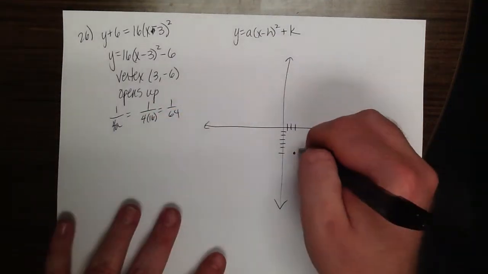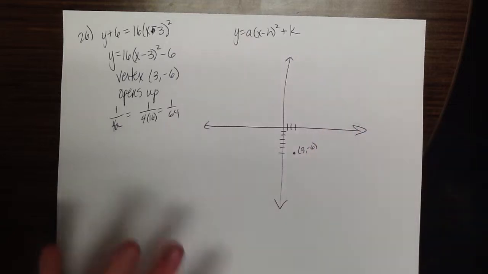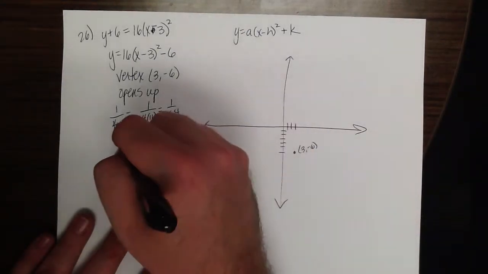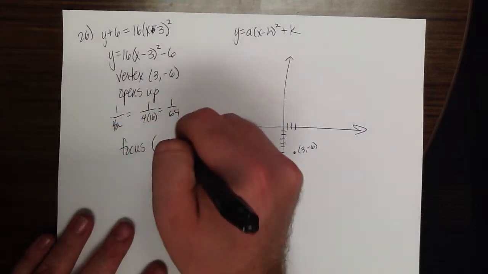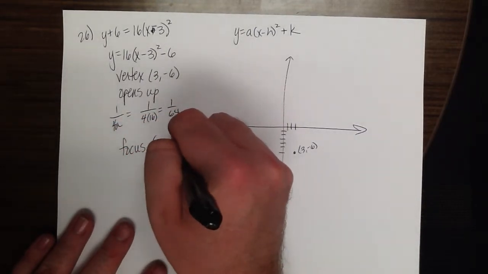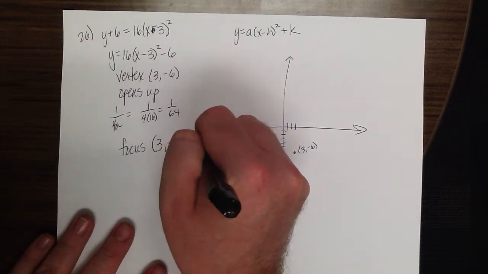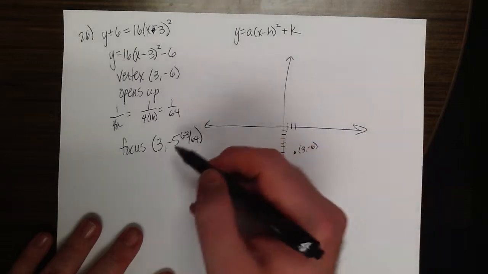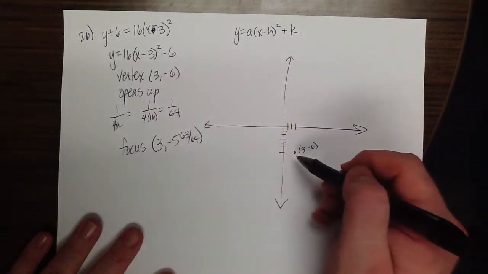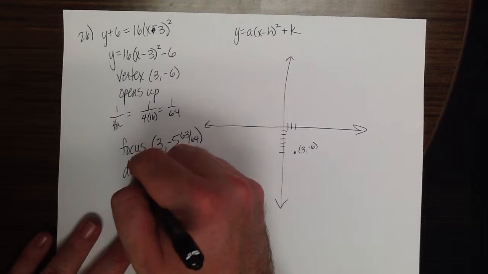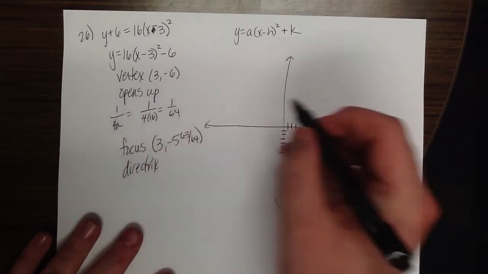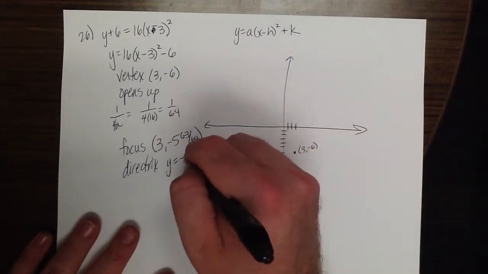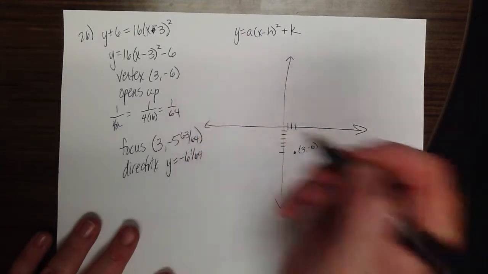So from the point (3, −6), we're going to go up 1/64, so your focus would be at (3, −5 63/64). I would not make you graph something that small of a fraction. For the directrix, you would go down 1/64, so it would just be the horizontal line y = −6 1/64.